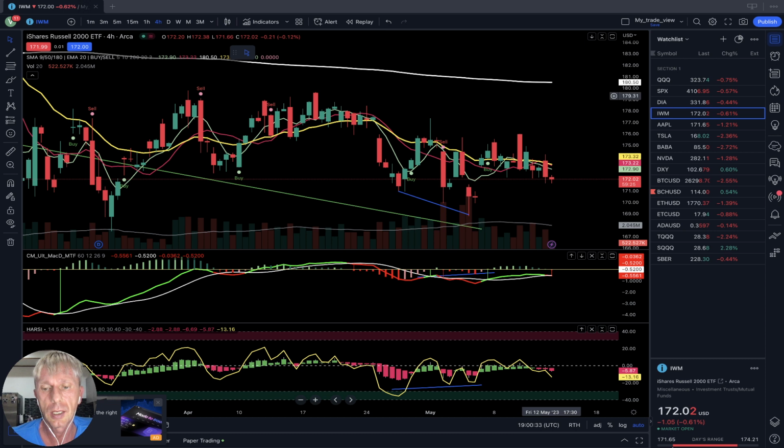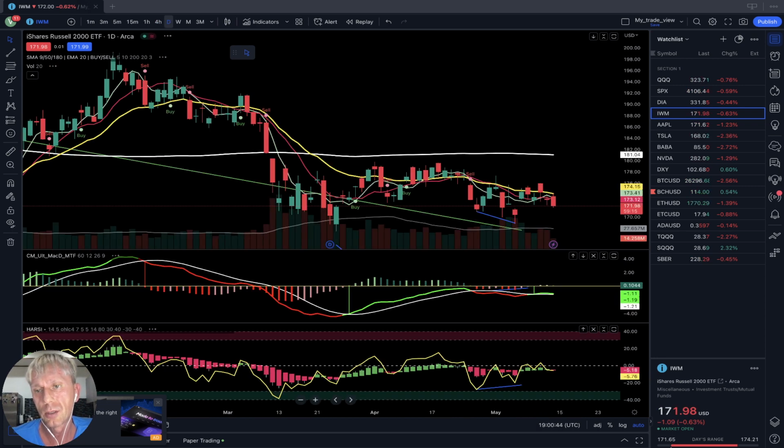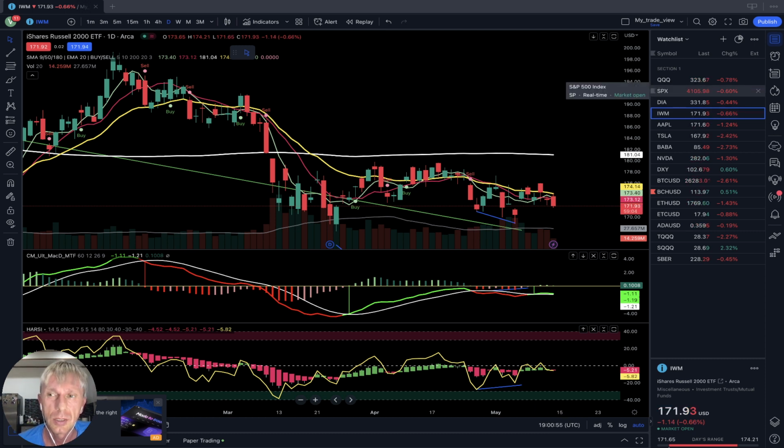MACD bearish crossover, Heikin-Ashi bearish crossover, RSI bearish trend on the 4 hours time frame. Daily time frame, same, moving averages below 200. Other indexes are below 200 only on the 1 hour time frame, but on daily and 4 hours they are still above 200. IWM has all time frames below 200.